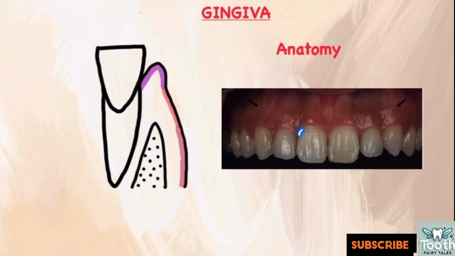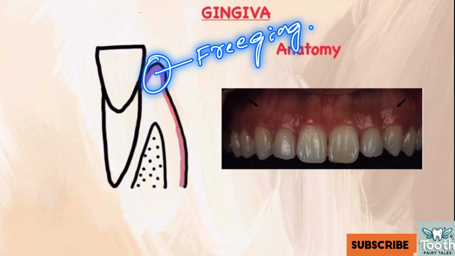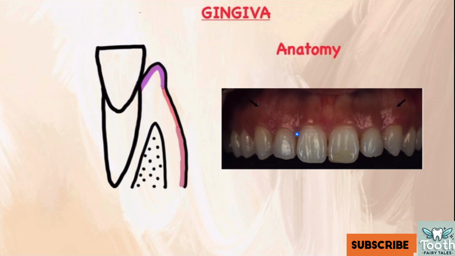Marginal gingiva is also known as free gingiva. This marginal gingiva is forming a collar around the teeth. It is separated from the attached gingiva by a shallow depression, which is known as free gingival groove.